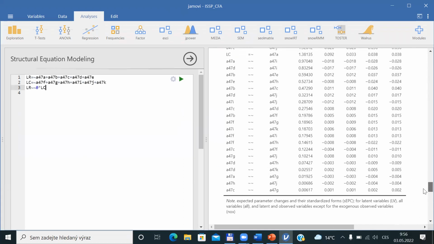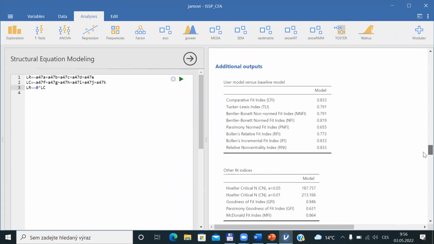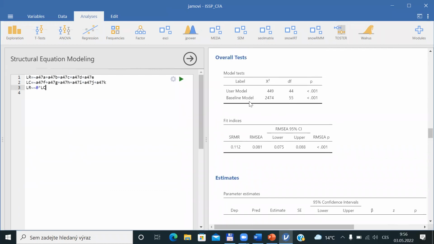And if I try to evaluate the model, then we will try to find some problems of the model. So first of all, we can go briefly to the chi-square test. So this is our user model. Chi-square is 449 with 44 degrees of freedom, and the p-value is an extremely low value. Once again, we know that this test, so it means the chi-square test for structural equation models, is not very useful for complex models, so we can skip it for simplicity.